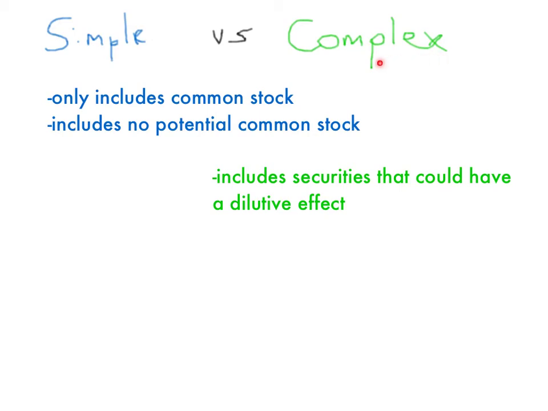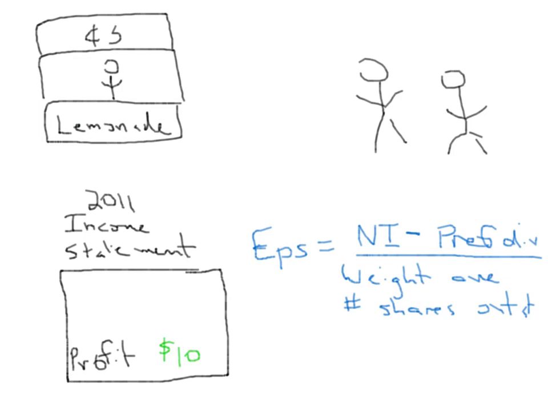They would be considered a complex capital structure because they have securities that might have a potentially dilutive effect should they be exercised or converted. And so we have a different calculation when we talk about simple versus complex because of that dilutive nature.